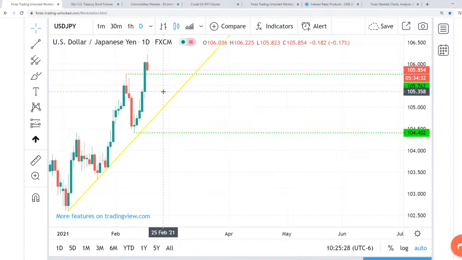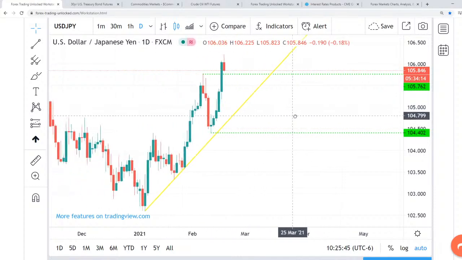Overall, we are bullish the Japanese yen. We are looking for the US dollar Japanese yen to probably make a move that'll pressure up towards 108.40, as long as the market's above 105 even. And definitely anything below 104.40 would take us off of the bullish campaign for the US dollar JPY.